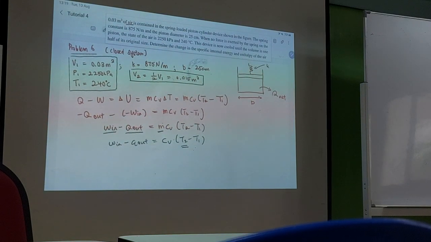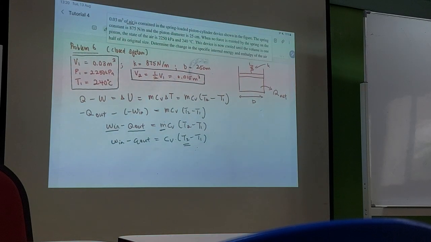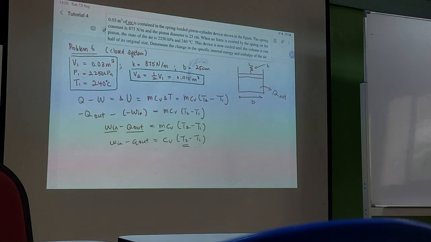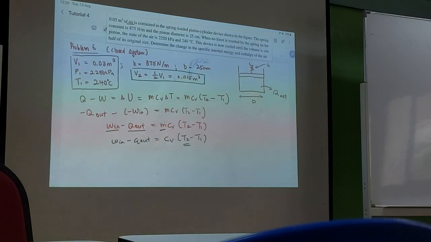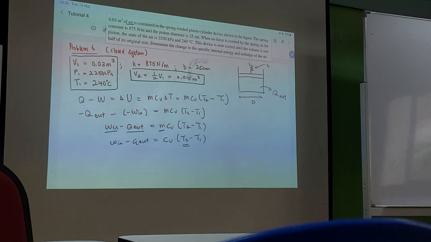When you deal with water, it's very easy because you have pressure, you have temperature, you can find the U value and so on. But when you're dealing with an ideal gas, whenever you see P, V and T, you need to remember that you have the ideal gas law.